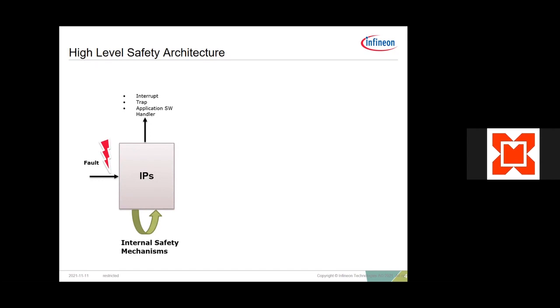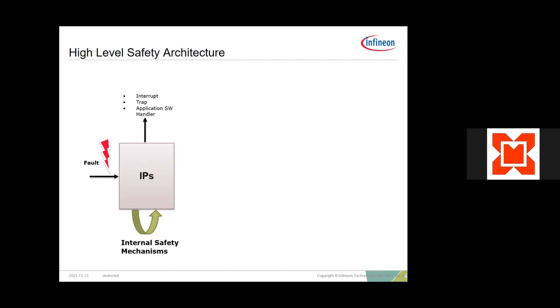So in order to achieve an ASIL level, the single point fault metric and latent point fault metric have to be achieved, right? LPFM and SPFM have to be achieved. So when Aurix is designed, all possible faults are identified, and they are classified as single point fault, latent point fault, multi-point fault, and so on.